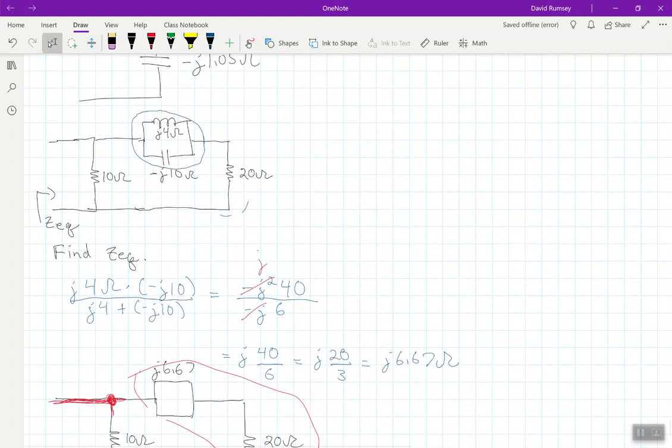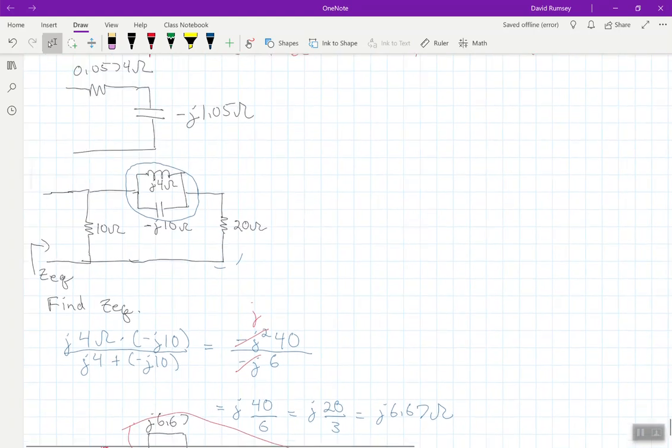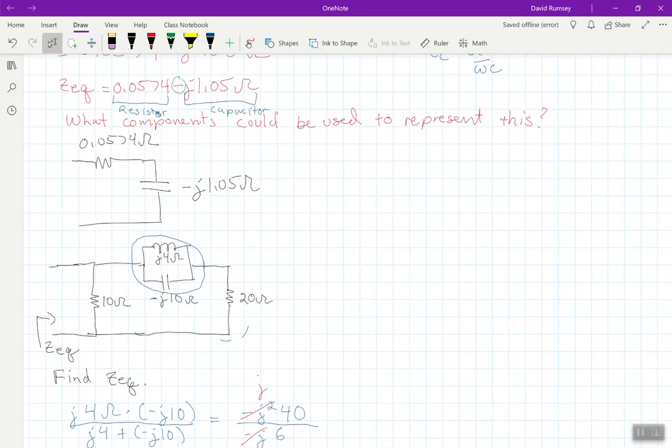Now I said they represent the equivalent impedance. They absolutely do not represent the circuit. And I want to emphasize that because don't think that you can build a circuit like this, because this actually has an oscillator in it here. This is like an LC, capacitor and inductor in parallel, that can give you an oscillator here.